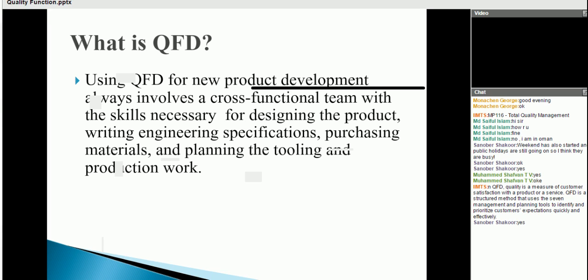Let me write it down in the chat box. This is what I was mentioning: QFD helps transform customer needs, that is the voice of the customer, into engineering characteristics. Engineering characteristics means the appropriate testing methods for any product or service. Hence, it prioritizes each characteristic while simultaneously setting development targets.